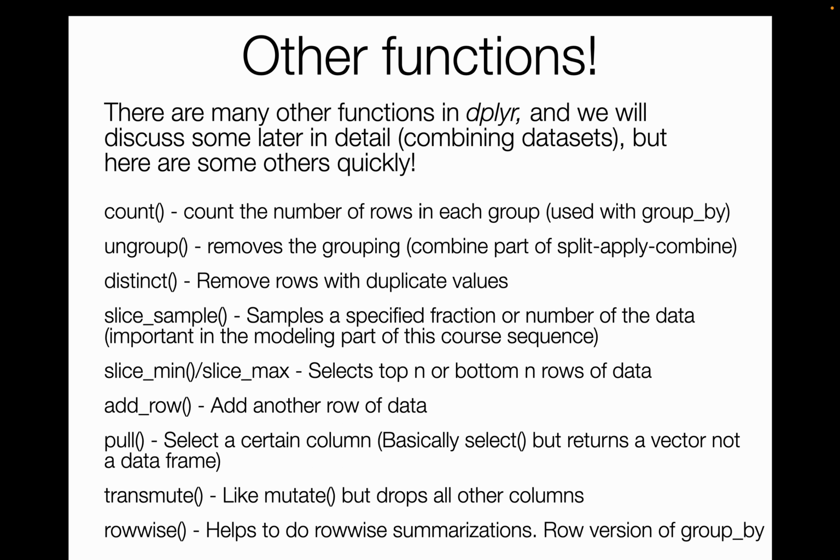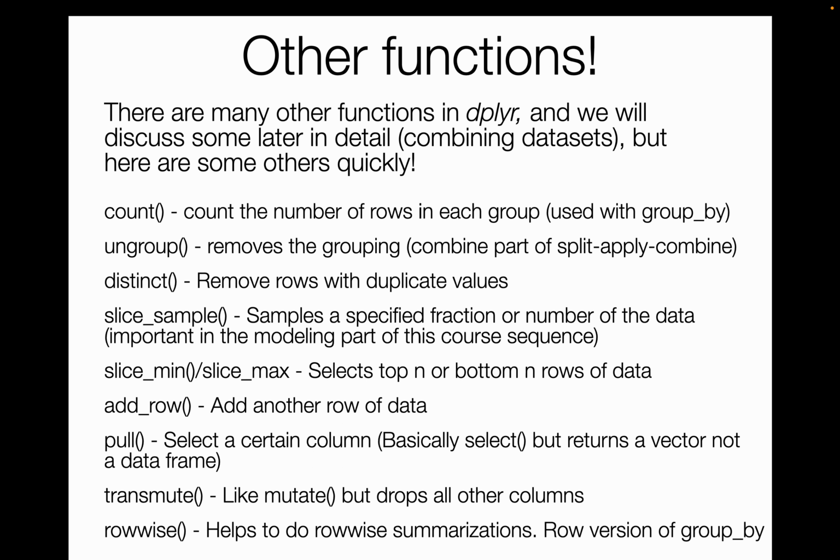Now, there are lots of other functions. Those are the main ones, and I've already talked for way too long about the main ones, but here are a bunch of them. So count is a special way to summarize and look at the length. It's a group by summarize that is counting the number of things in each group. Ungroup removes the grouping, which I just talked about before. And then there's a few other ones.